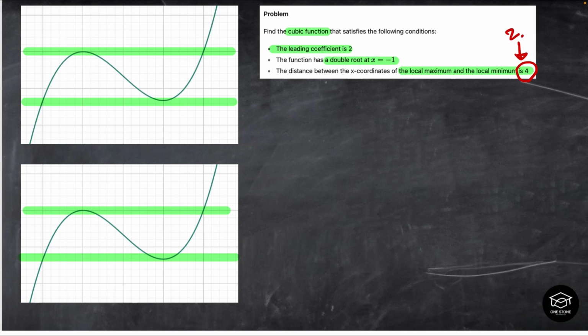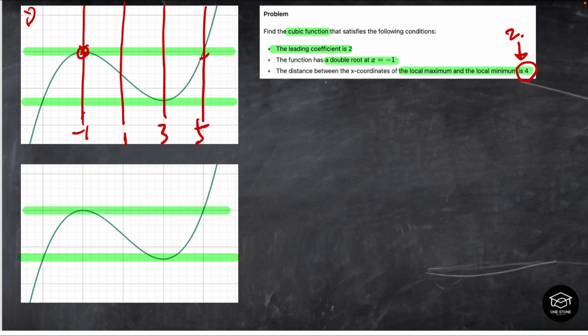Now let's consider the 2 possible cases. Case 1: x = −1 is the local maximum. Starting from −1 and moving right in steps of 2, we find the inflection point at x = 1, the local minimum at x = 3, and the next intercept at x = 5.